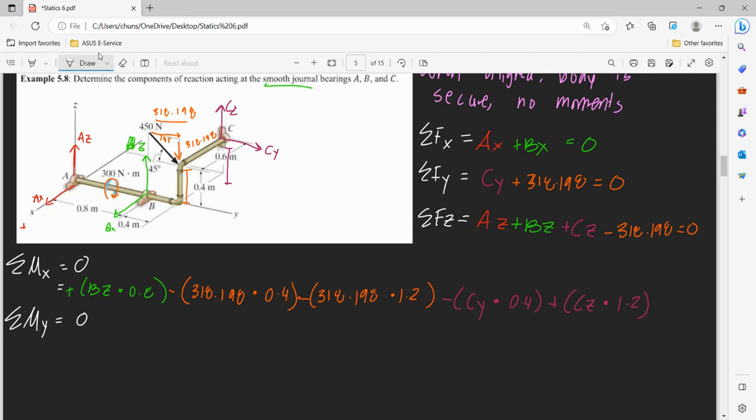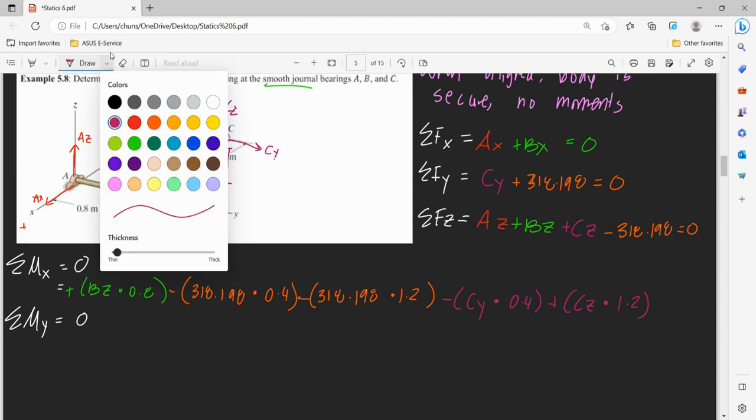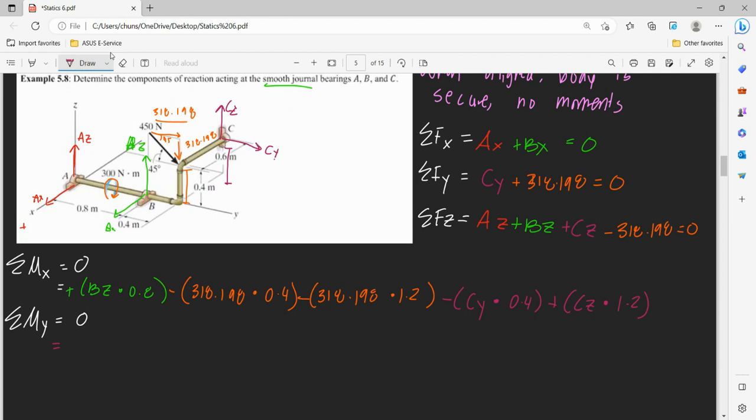The z component's going through, and this component is parallel, and this component is also parallel in our cy. So we can only use cz. It's equal to cz times, and what is this? How far do we have to go to be in line with our y-axis? So this is our x distance of 0.6.